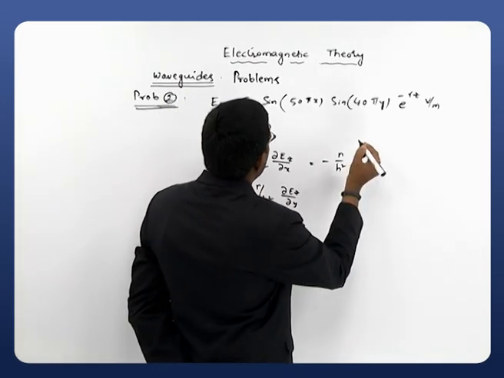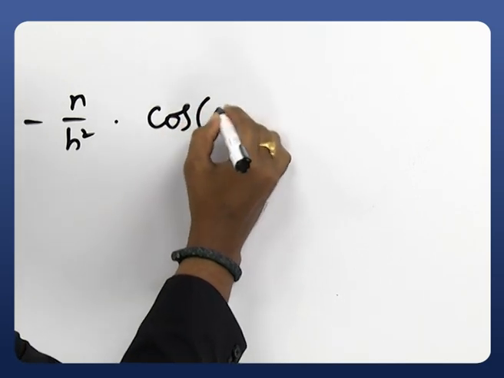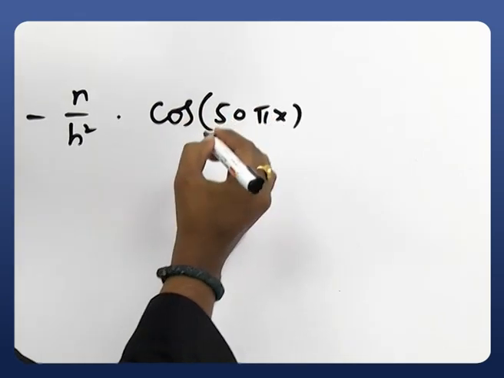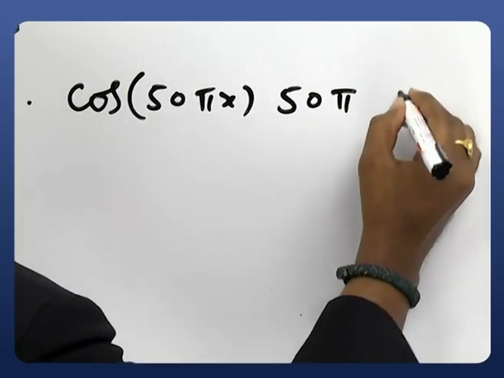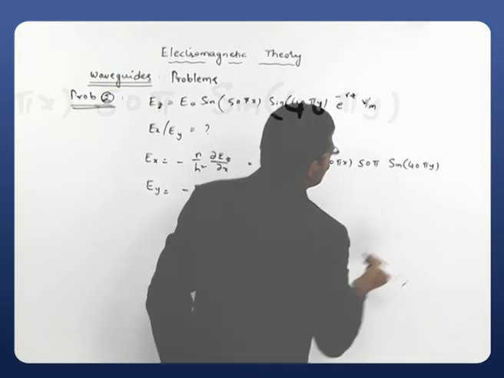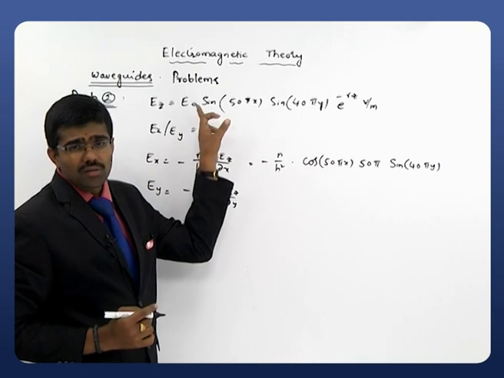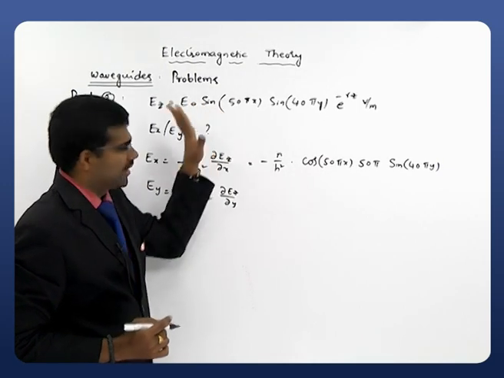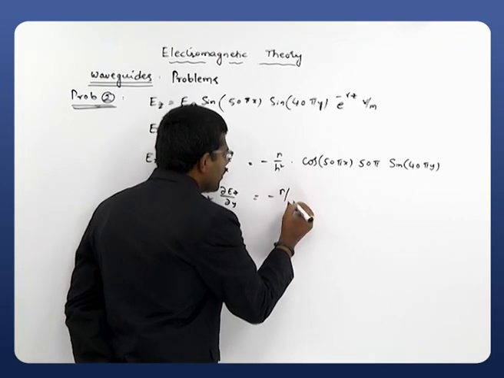Now with respect to x, if you are differentiating with respect to x, what will we get here? cos 50πx, and the internal differentiation is 50π, and this sin 40πy is left for us. And once again, as all these are not important for us, I am ignoring them, which is equal to -γ/h².